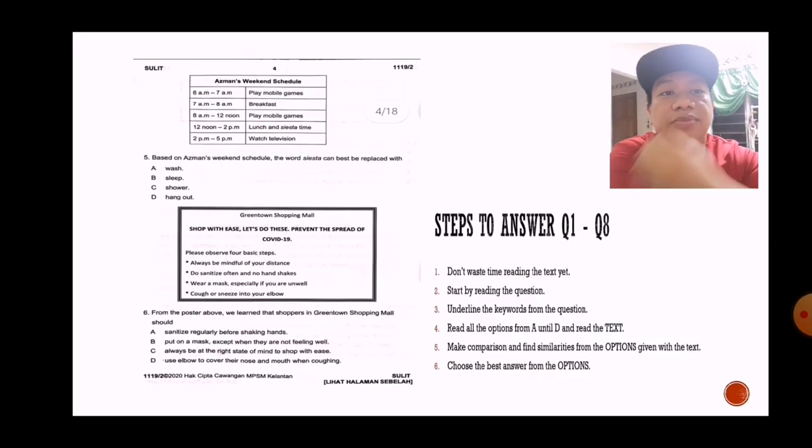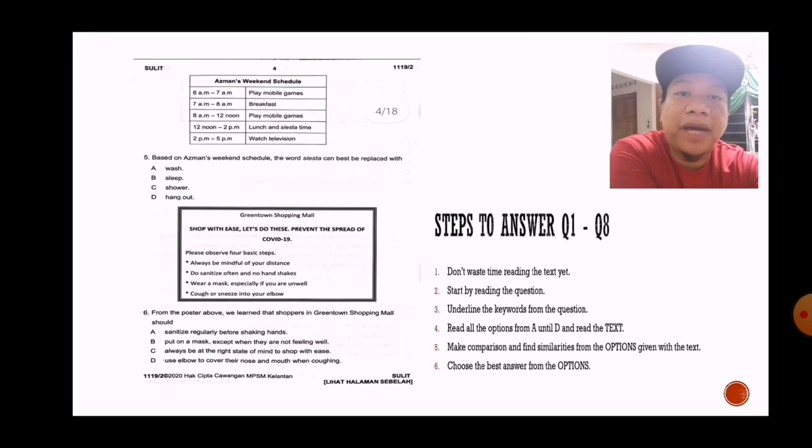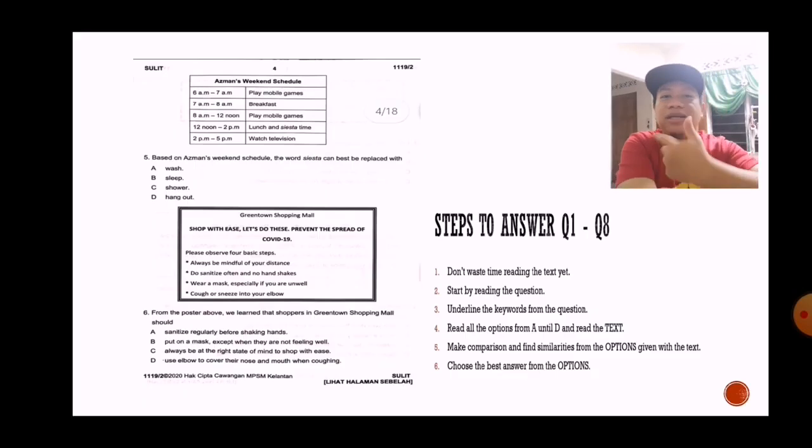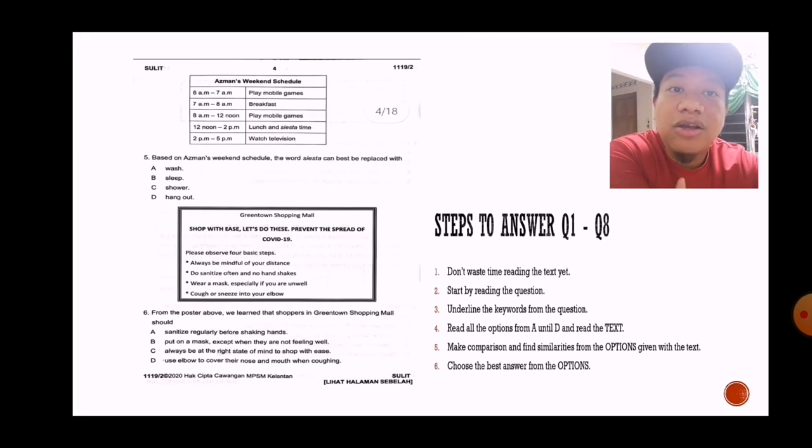Breakfast. Breakfast means makan sarapan pagi. Next is 8 a.m. to 12 noon. So he continues after breakfast. Oh my god, he continues to play mobile games again. Maybe Azman is a gamer. I think so, because he practiced for quite some time, for quite a lot of time actually, a few hours.